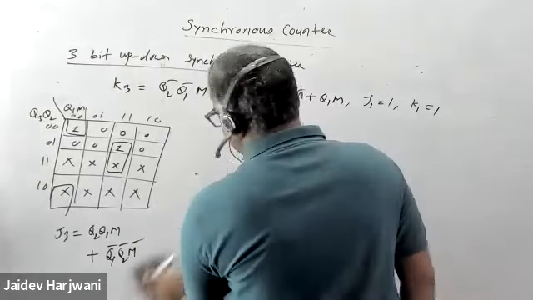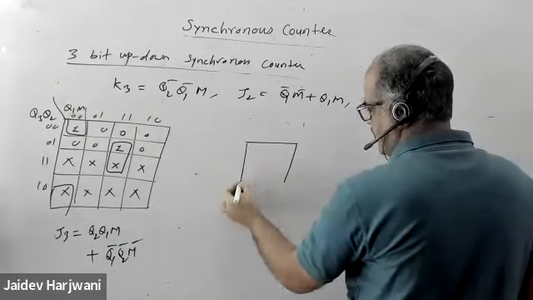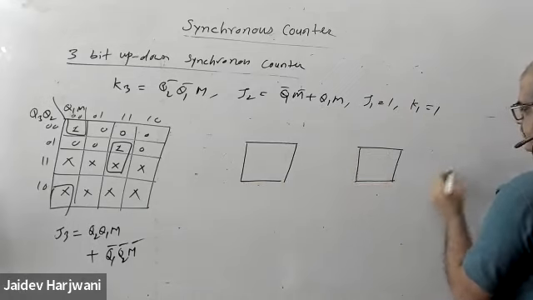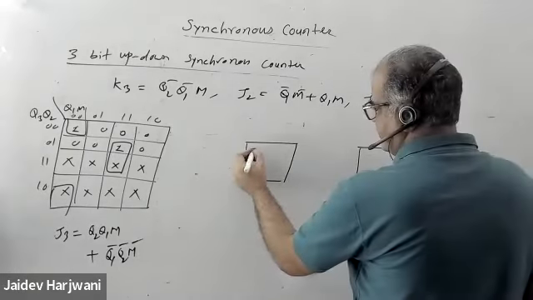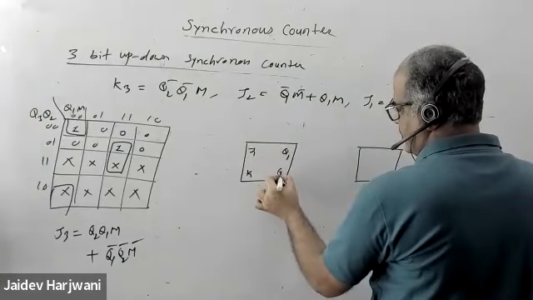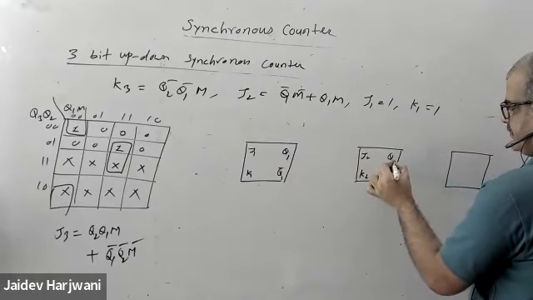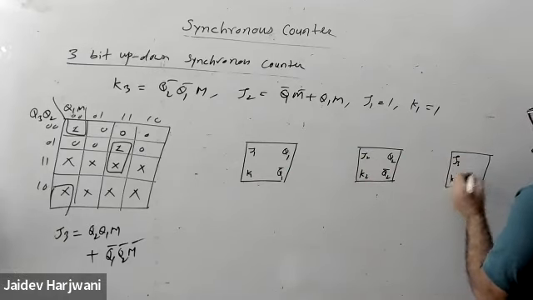Now you have 3 flip-flops. You have J1 K1 with Q1 bar, J2 K2 with Q2 bar, J3 K3 with Q3 bar.